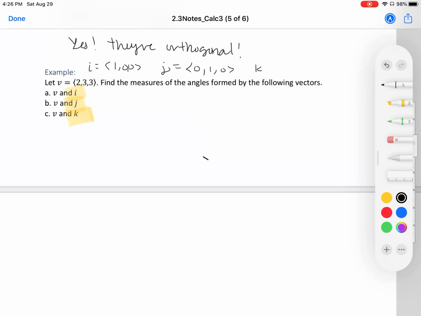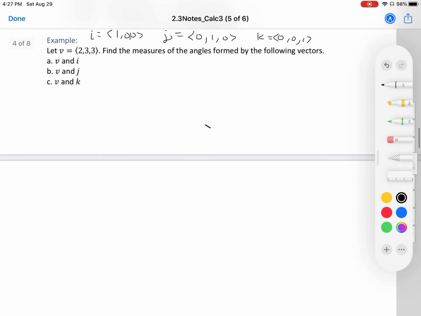And vector k would be 0, 0, 1. Remember, they're just the standard unit vectors. So i, j, and k represent the positions. And since they're just themselves, they would just be 1. So I'll do A with you. I think you can do B and C on your own.